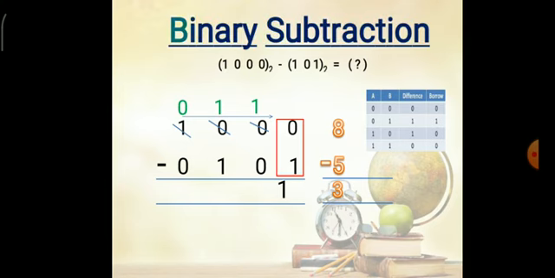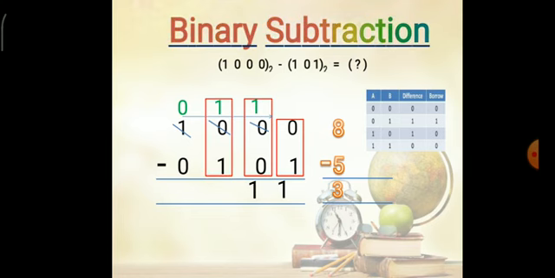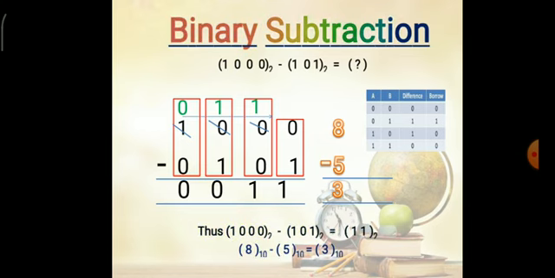Let's come to solve the second column. 1 minus 0 is equal to 1. 1 minus 1 is equal to 0. 0 minus 0 is equal to 0. Thus, 1000 minus 101 is equal to 11.